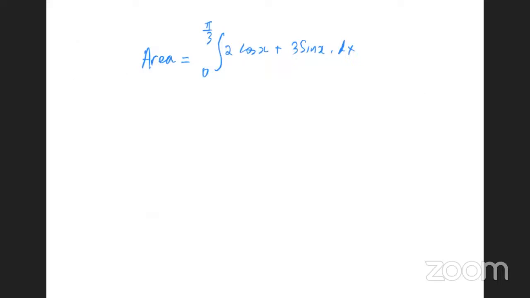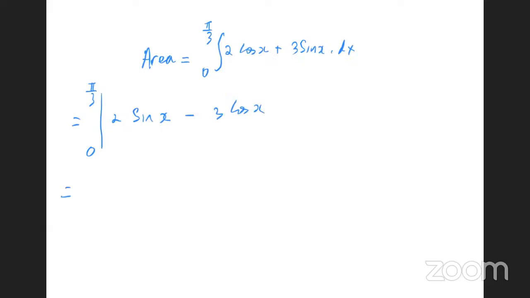What do you get, Chevelle? 40.9. For this one? And you work in radians? I work in radians, right? So once you integrate here, you will get 2 sin x. Here you will get minus 3 cos x.